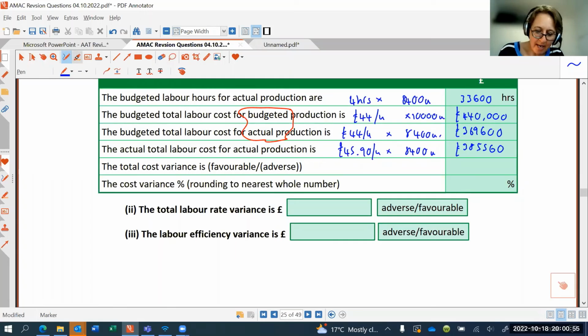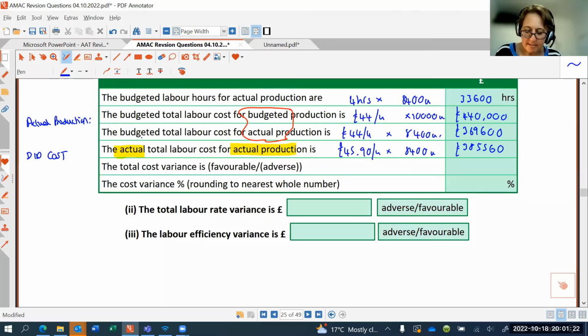So here I have actual production, actual cost. So that is actual production did cost. Another way of saying that is actual production did cost, because this is the actual cost of actual production.